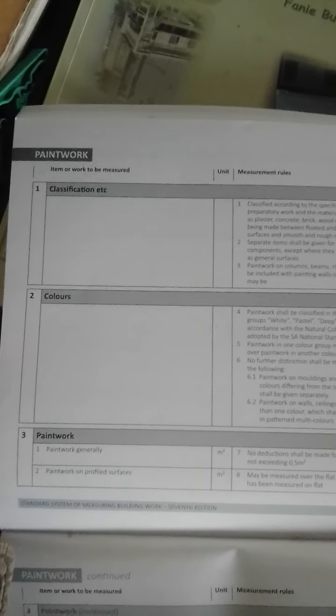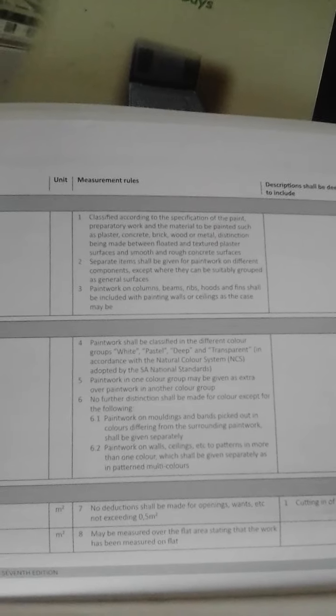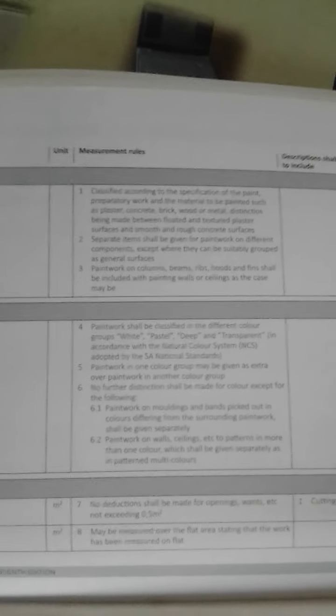So here is what we are being told by the standard system. You've got classification, you've got color, you've got paint. This is really important information for you when you need to do measurement and your descriptions.